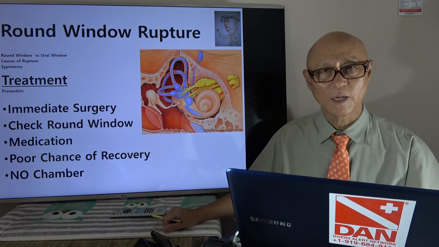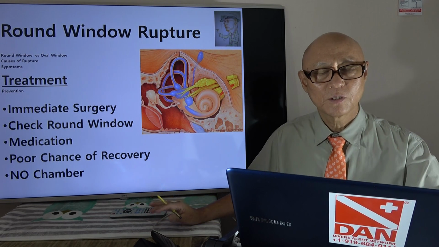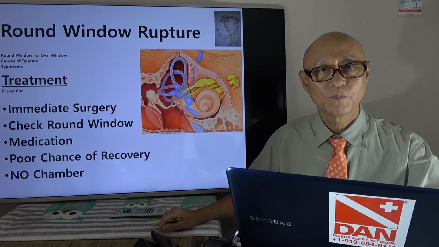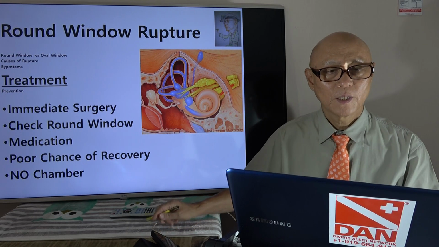It takes a long time. So many otologists believe even if it is late, it is better that we do the surgery and plug up the possible rupture of the window.